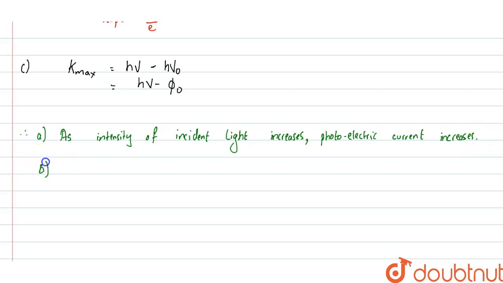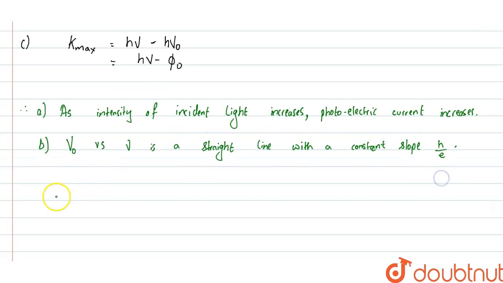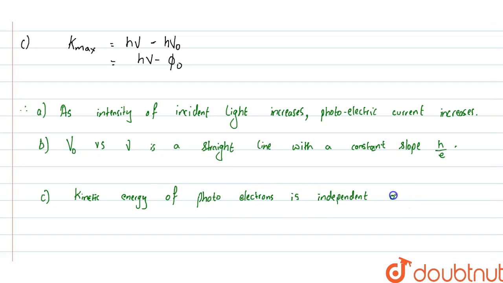For B, V0, or stopping potential, versus the frequency is a straight line, a straight line with a constant slope. For C, the kinetic energy of photoelectrons is independent of the intensity of incident light.